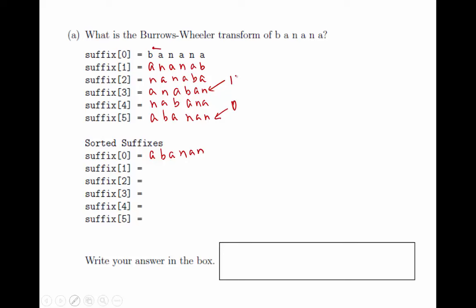In that case, we have ANABAN. And the next one is going to be this one here, suffix number 2, which equals ANANAB.